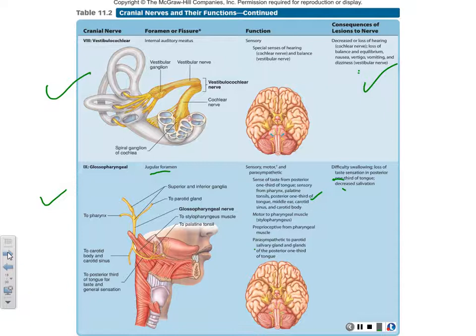So sometimes you just have to think about where that cranial nerve is going, to think about which hole of the skull it might go through. See what I'm saying? So this one goes through the jugular foramen and it controls all that. So you have difficulty swallowing, and your tongue, just 1/3 of it at the back, won't have taste. Okay?